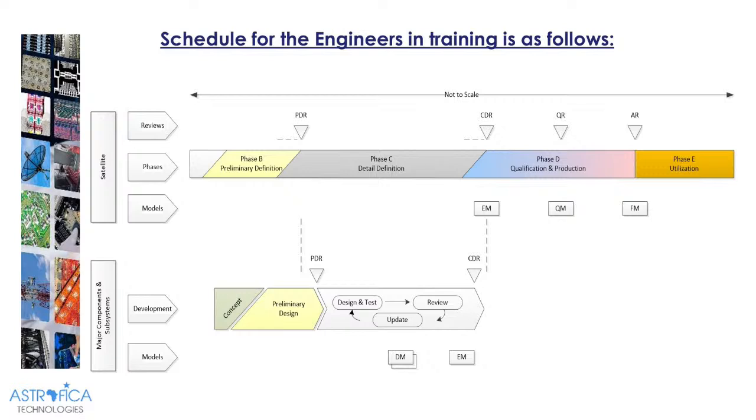Remember, you don't want to over-test your flight model, because you will be reducing the life expectancy of your satellite. So we do vigorous tests during our qualification models until we know that our components, everything that goes into a satellite, will be durable. It will be able to withstand the harsh environment in space and during the takeoff. Next slide.